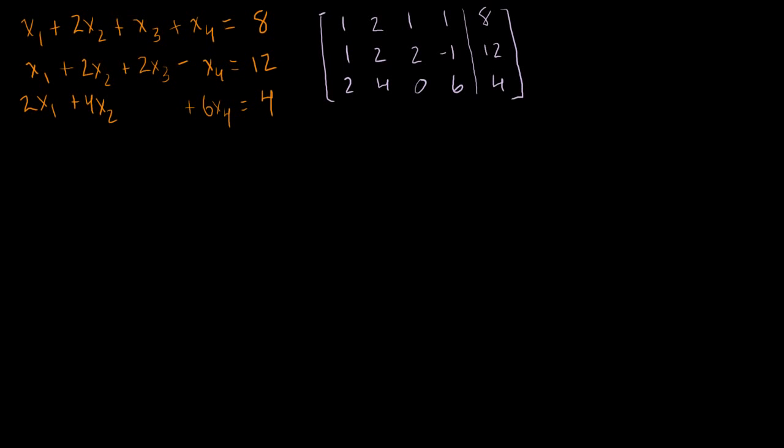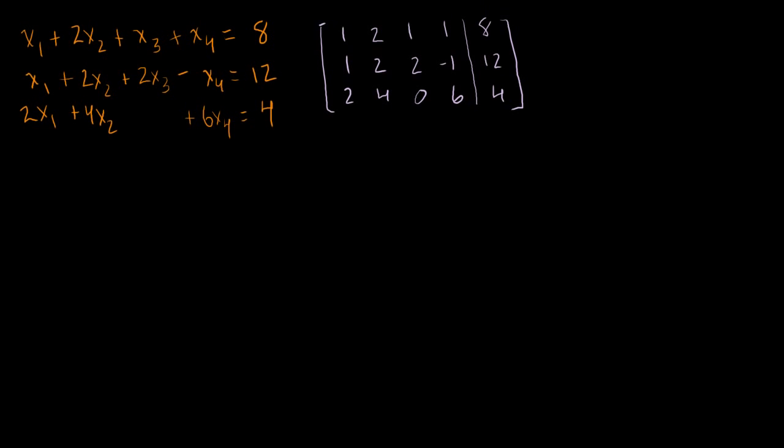Now let's put this guy into reduced row echelon form. So the first thing I want to do is zero out these two rows right here. I'm going to keep my first row the same for now. So it's 1, 2, 1, 1, 8, and that line essentially represents my equal sign.